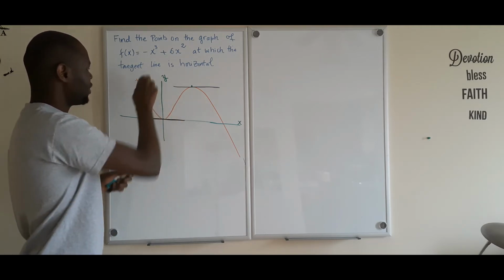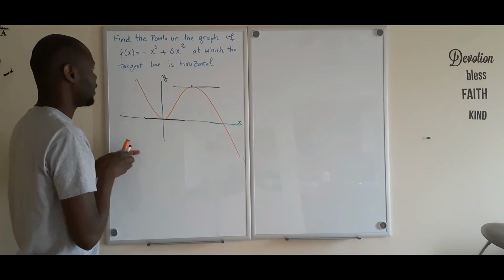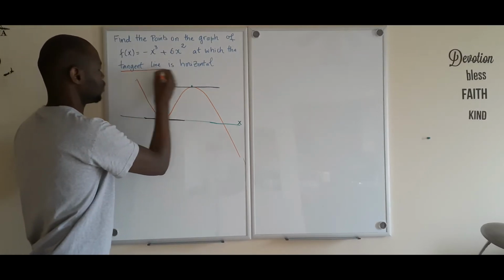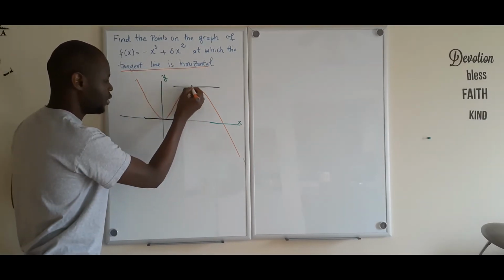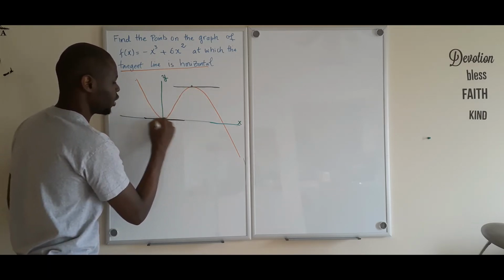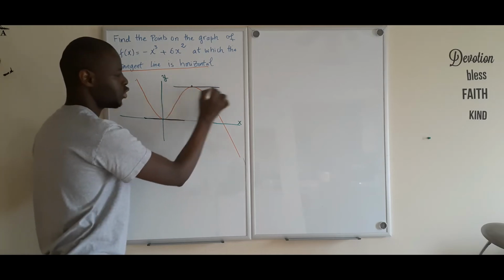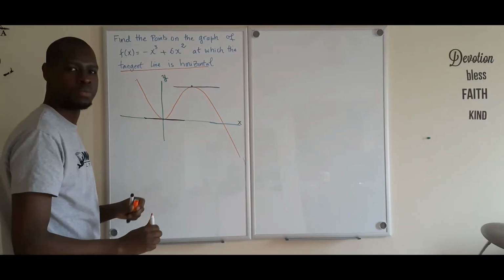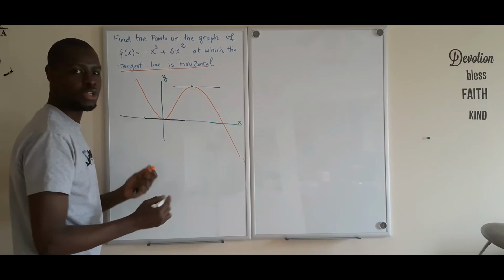Now, what does it mean for the tangent line to be horizontal, right? These will be the two particular points where the tangent line will be horizontal. If the tangent line is horizontal, what can you say about the slope? The slope is 0. There is no slope.